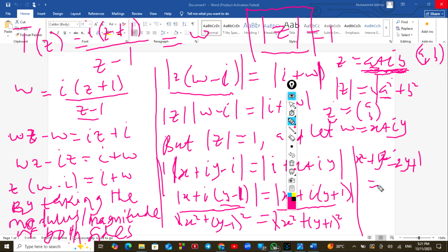For the other part too, we have x squared plus y squared plus 2y plus 1.